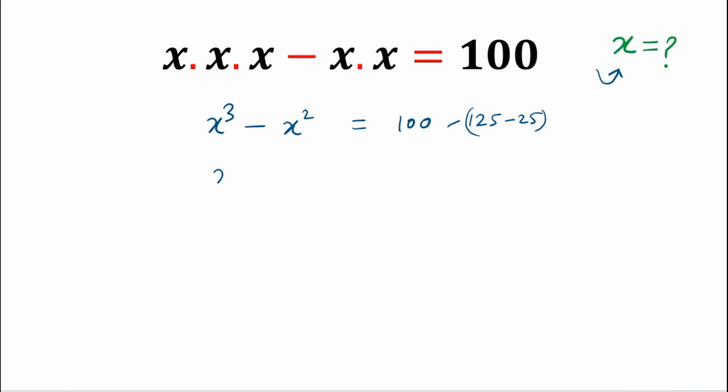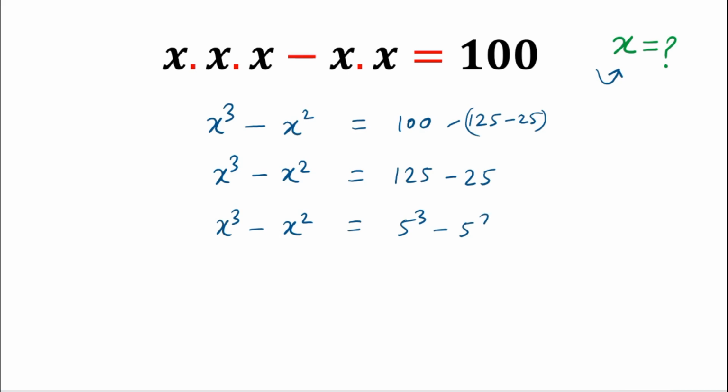On the left hand side x cube minus x square is equal to 125 minus 25. X power 3 minus x power 2 is equal to 125, which is 5 power 3, minus 25, which is 5 power 2.